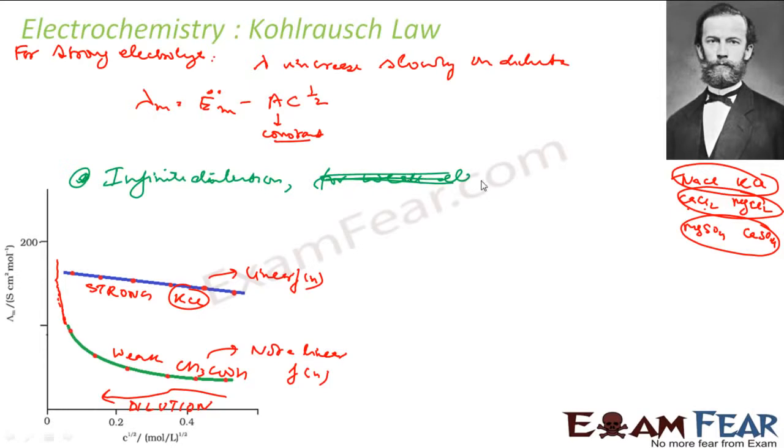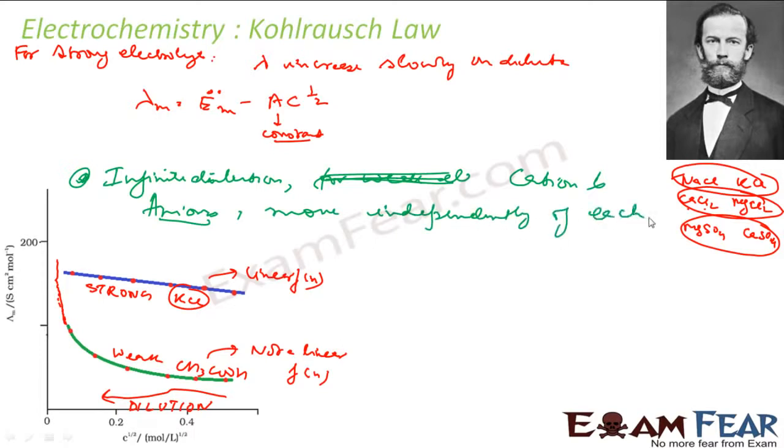At infinite dilution, the cations and anions, since it is infinitely dilute, they move independently of each other in the solution. And this idea was discovered by Kohlrausch in 1875. In 1875, he thought of this idea.